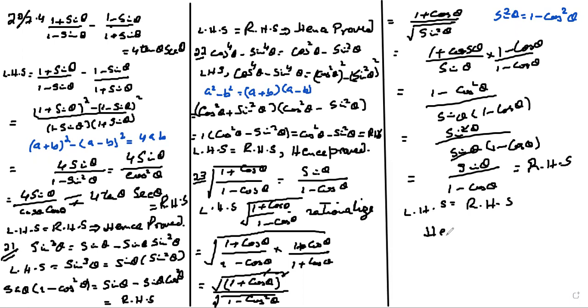So hence proved. Okay, one more thing I want to clear up, that all these questions are called identities. We call them identities because an identity is true for every value.